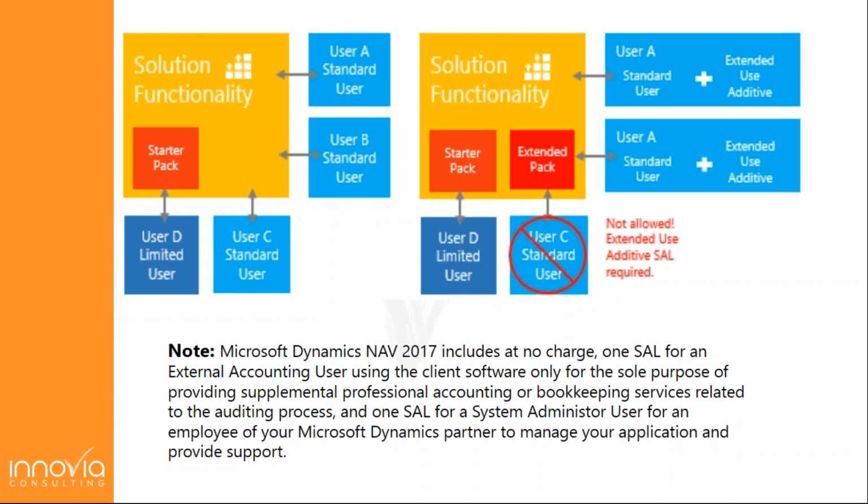As you see here, there's a limitation in that you can't have a standard user accessing the extended pack. That should be a no-brainer, but we've had people ask, and Microsoft must have as well, because they reference it in one of their graphics here.